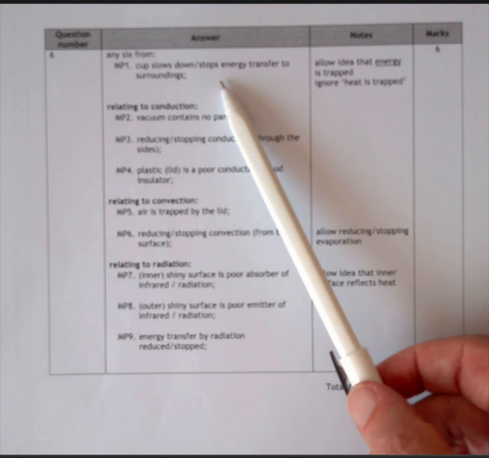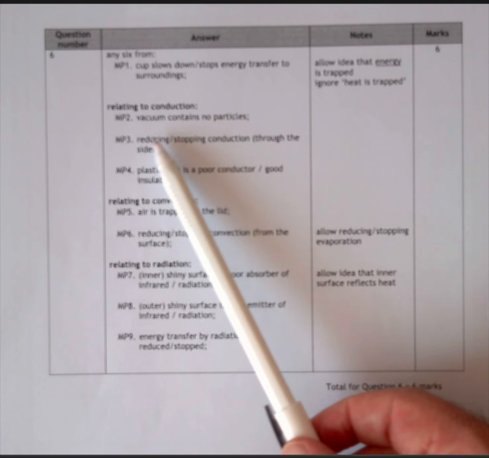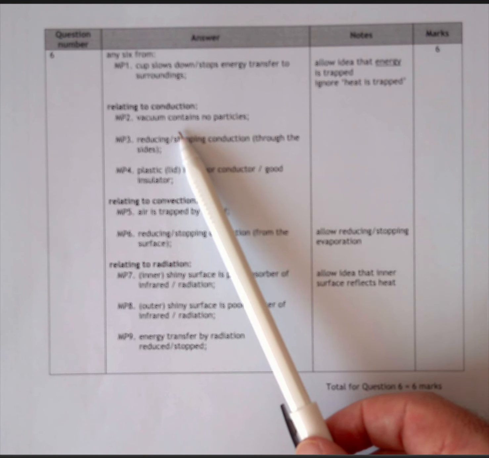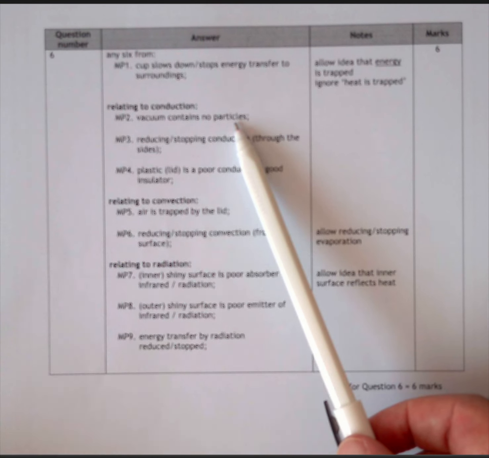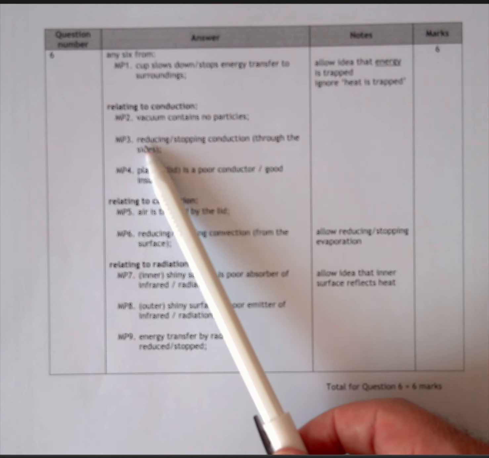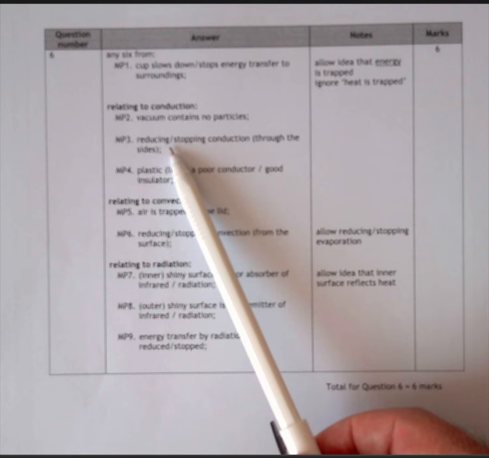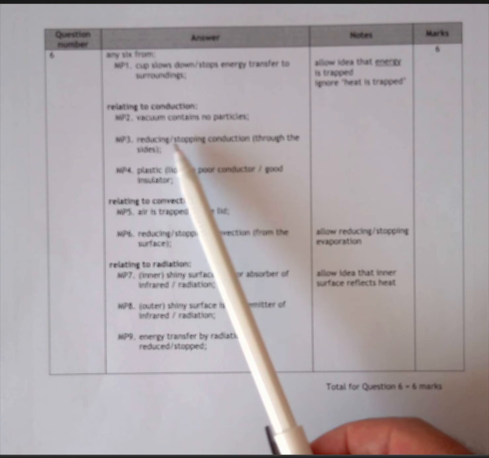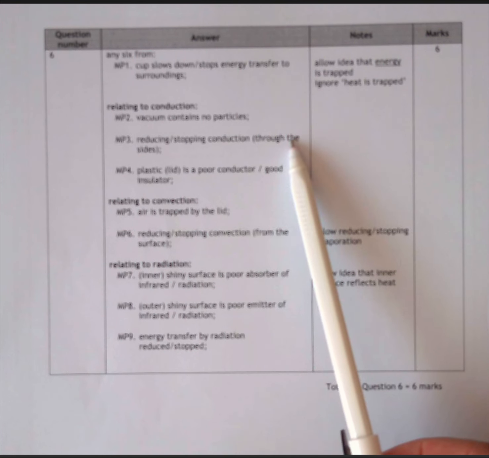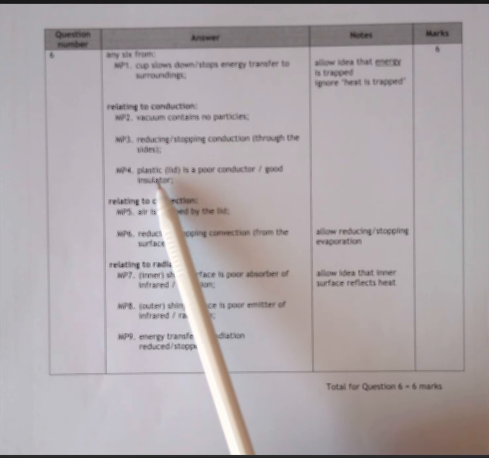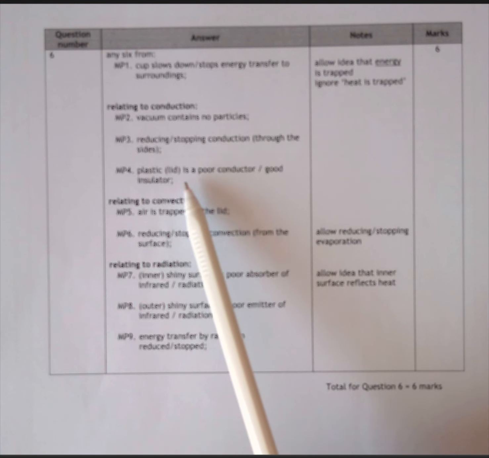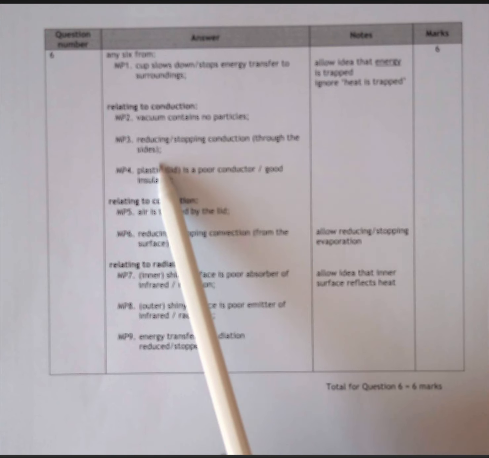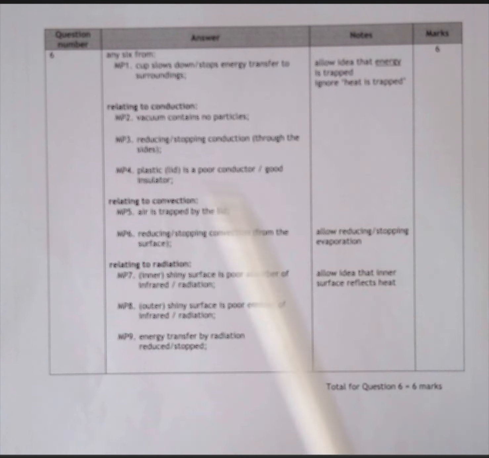Then relating to conduction, the vacuum between the 2 silvery walls contains no particles, so that reduces or stops conduction. They'll accept either way of putting it, through the sides, the walls of the cup. And the plastic lid is also a poor conductor, so it's a good insulator. All of this relates to conduction.